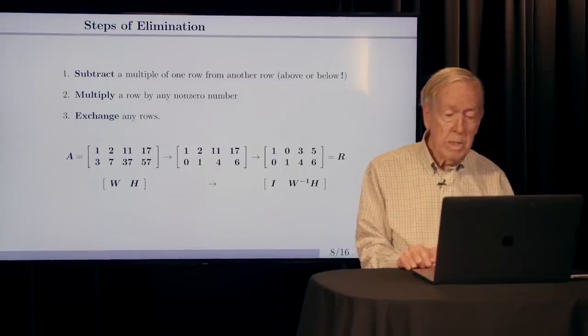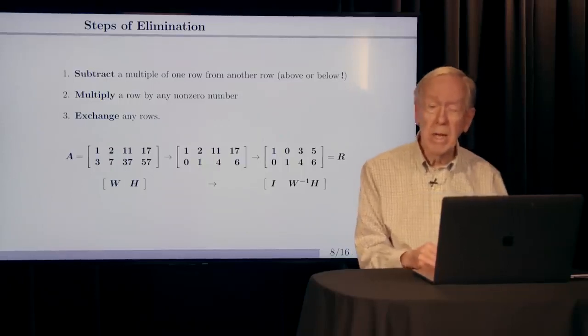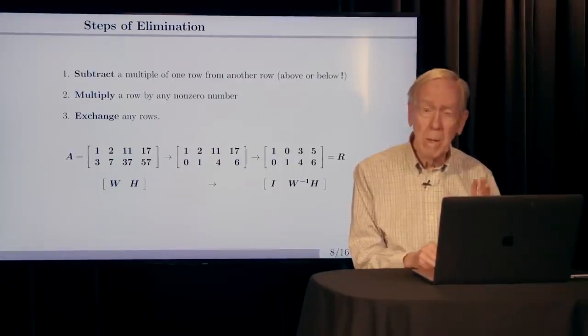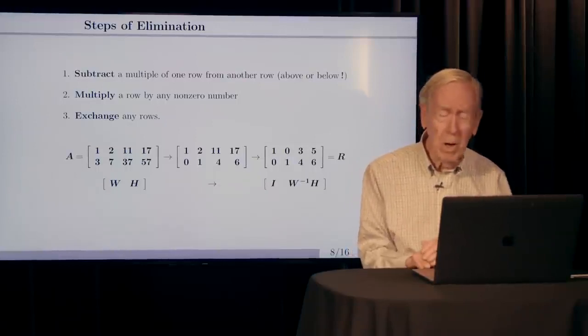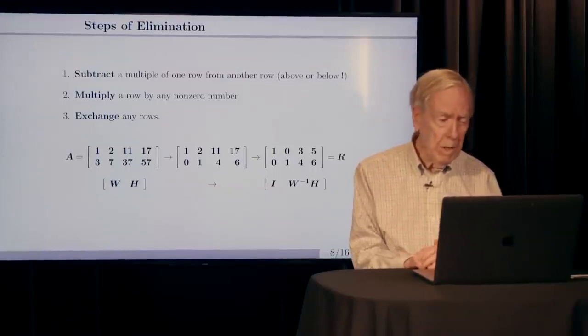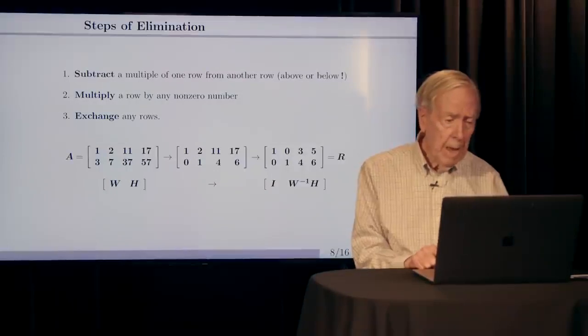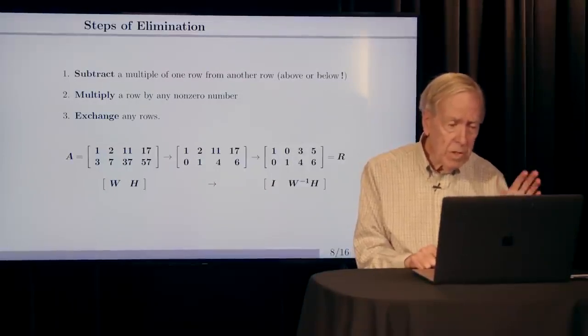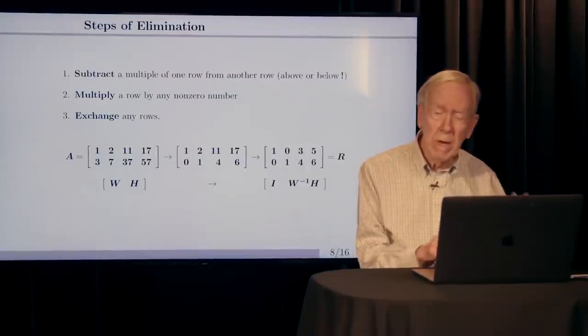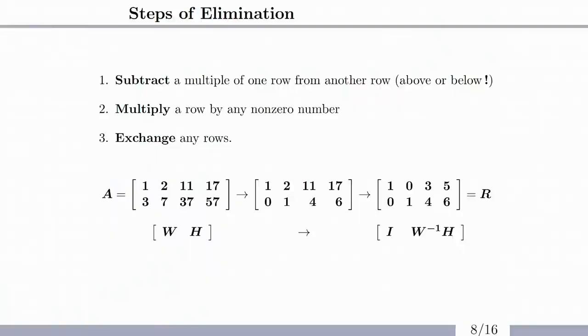Okay, so really what has elimination done? This is an important idea that I think I never caught on to when I was learning linear algebra. Elimination has found the inverse of this 1, 2, 3, 7, of this 2 by 2 matrix, because it started with 1, 2, 3, 7, and it ended with the identity.